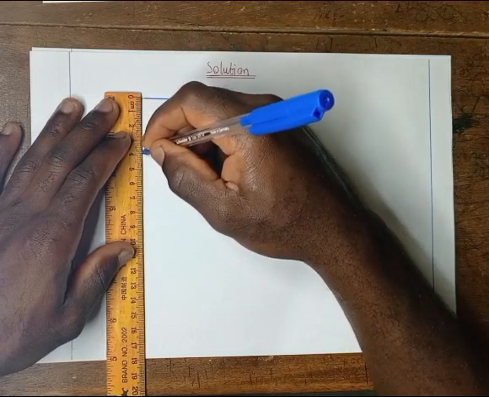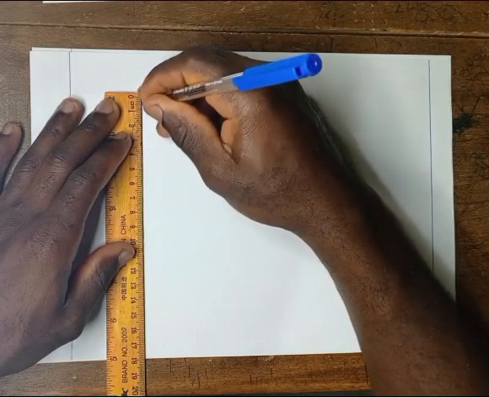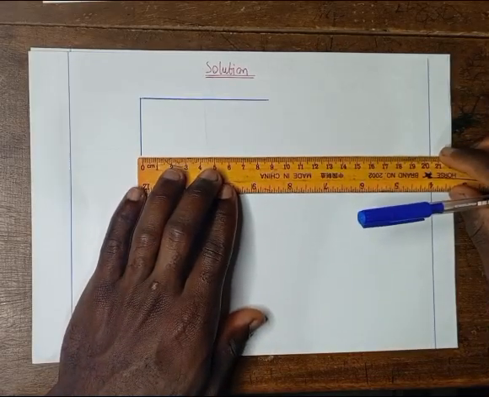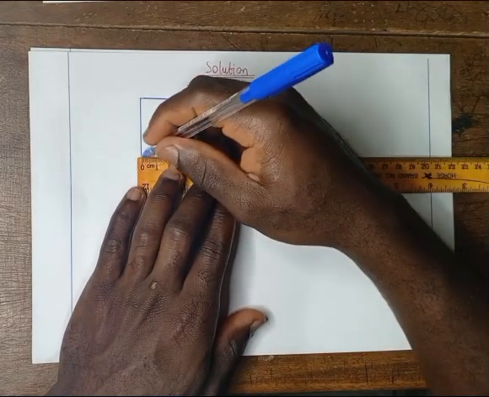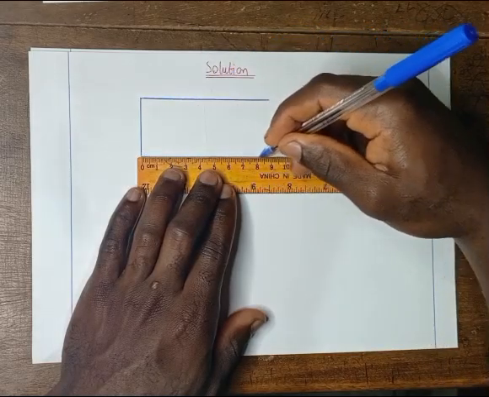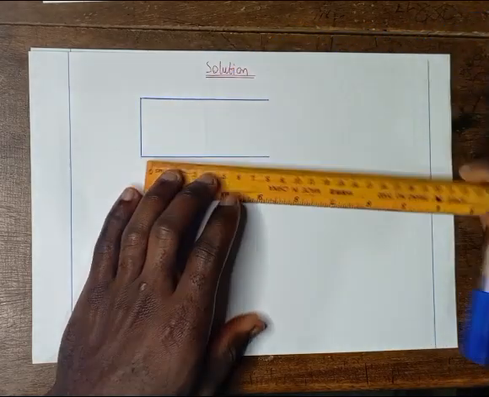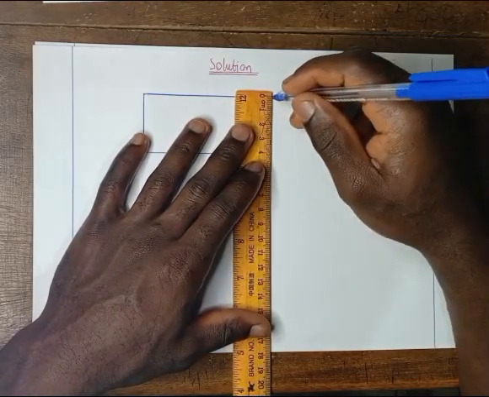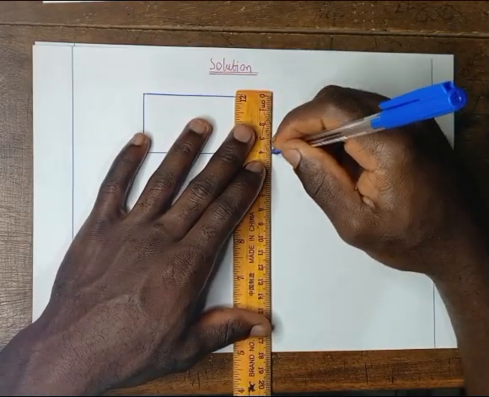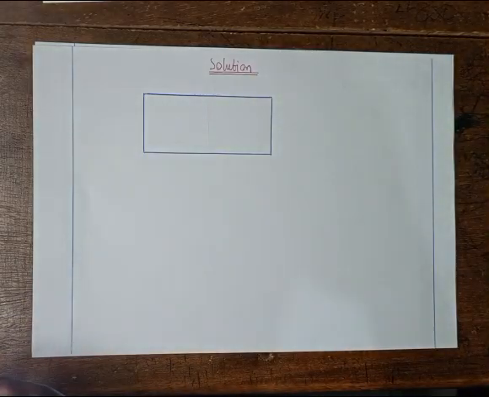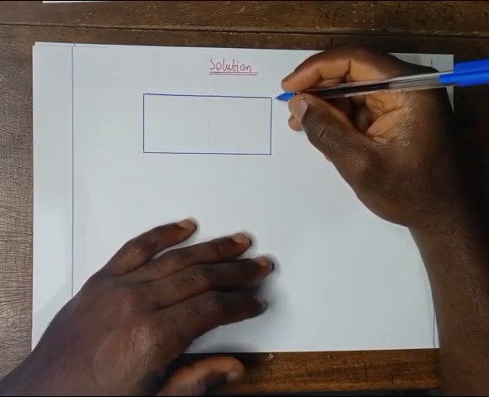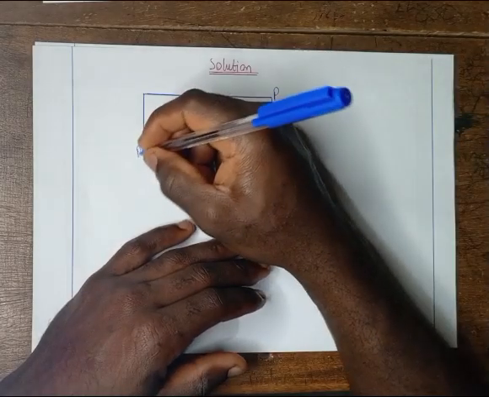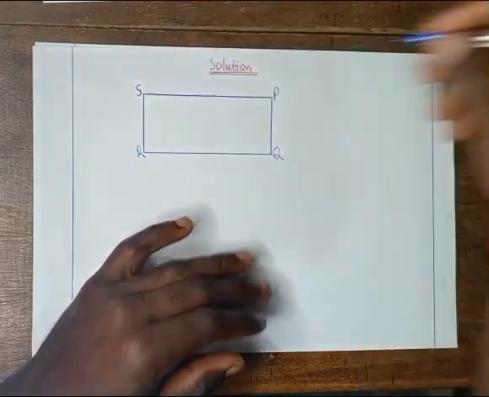The rectangle is a plane figure. This is our rectangle P, Q, R, S.